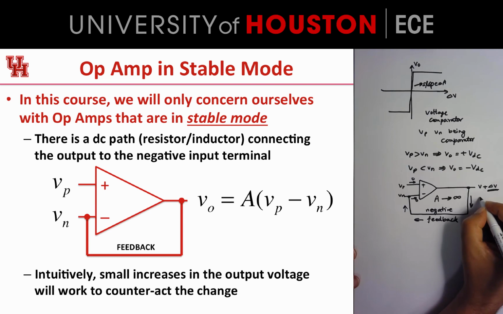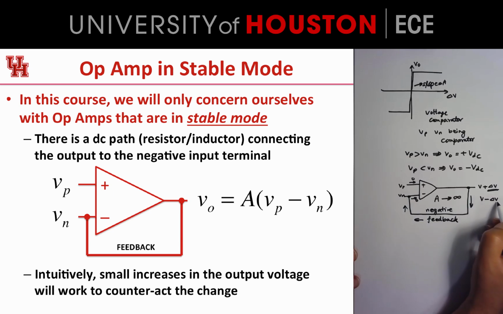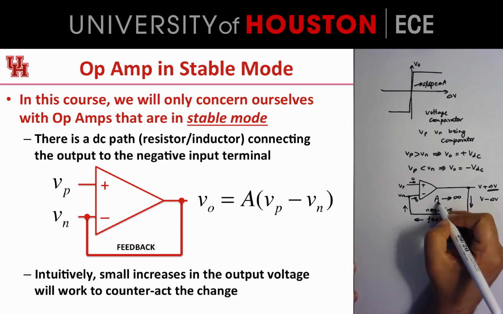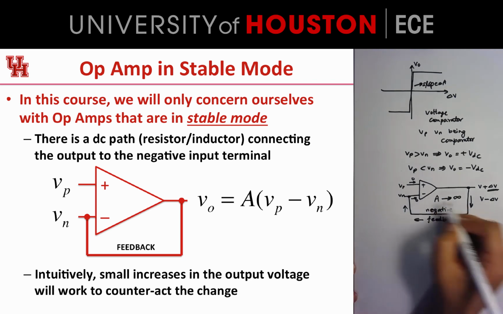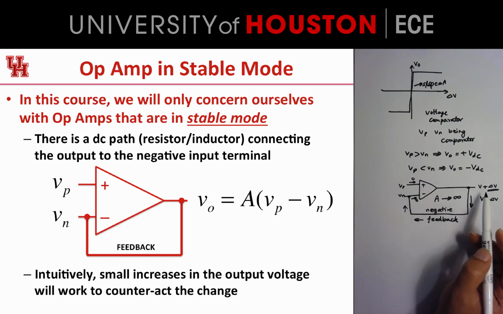Now suppose the output voltage tries to go to V minus delta V. The same thing happens. This negative differential voltage is going to get multiplied by A, and negative times negative is positive, so that voltage is going to get boosted. So negative feedback has the effect of counteracting any change in the output.